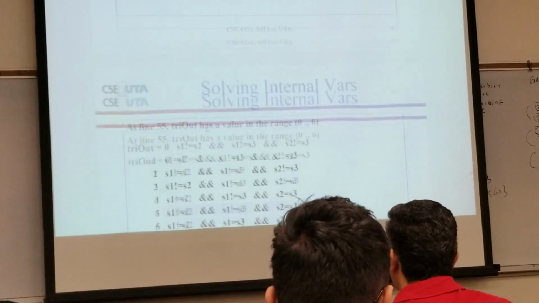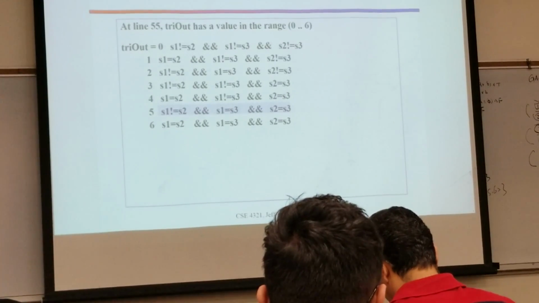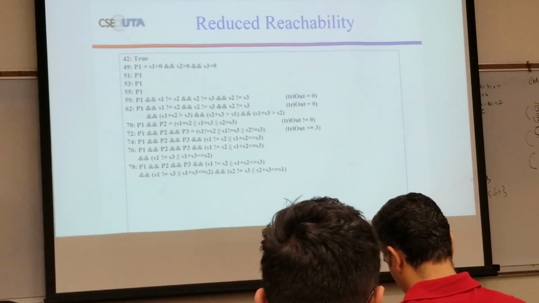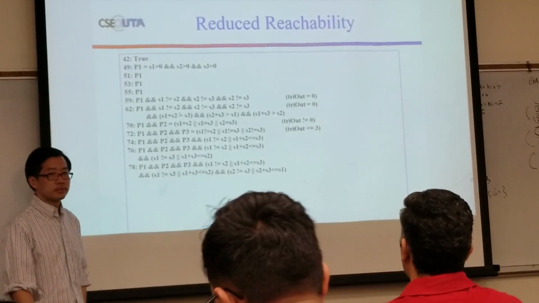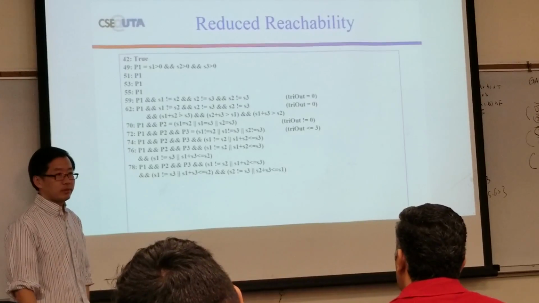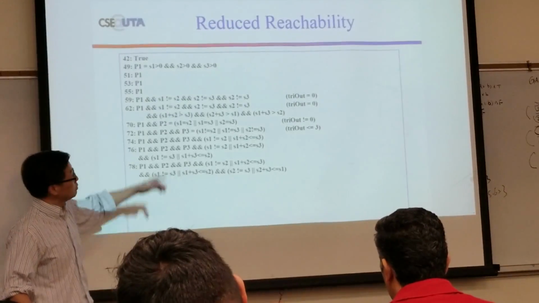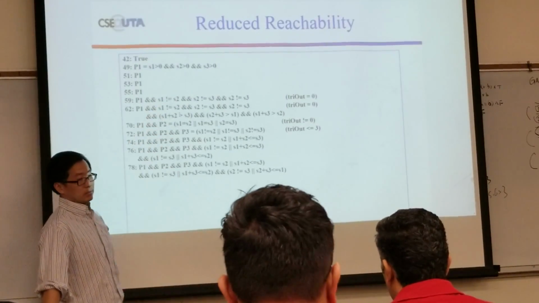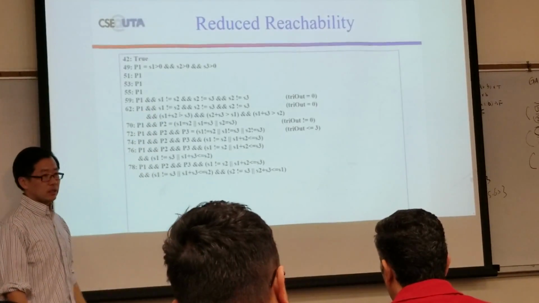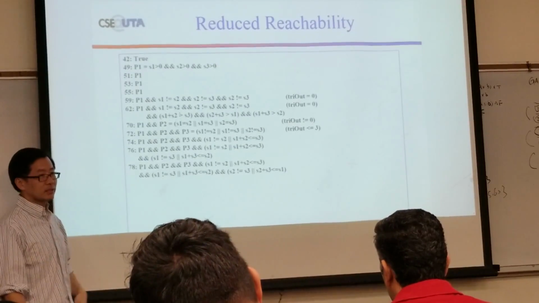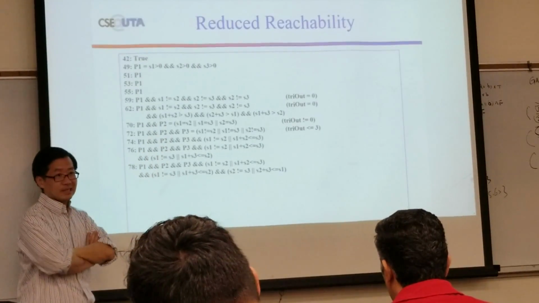So now, after we figure out this relationship, we can rewrite the reachability conditions so that they are expressed in terms of external variables. Whatever value we want to give to tryout has to be replaced with the constraint on the 3 external input variables, so that when we generate test cases, we can make sure those additional constraints are satisfied.